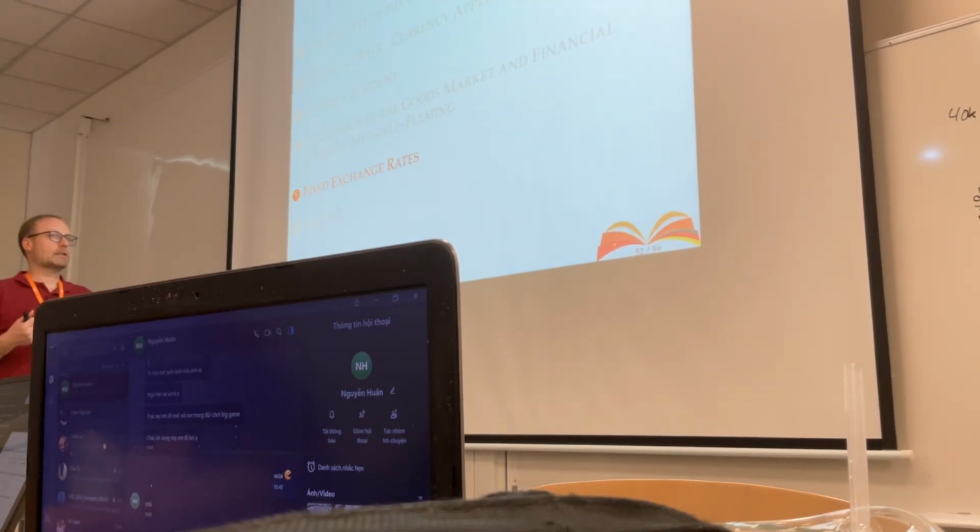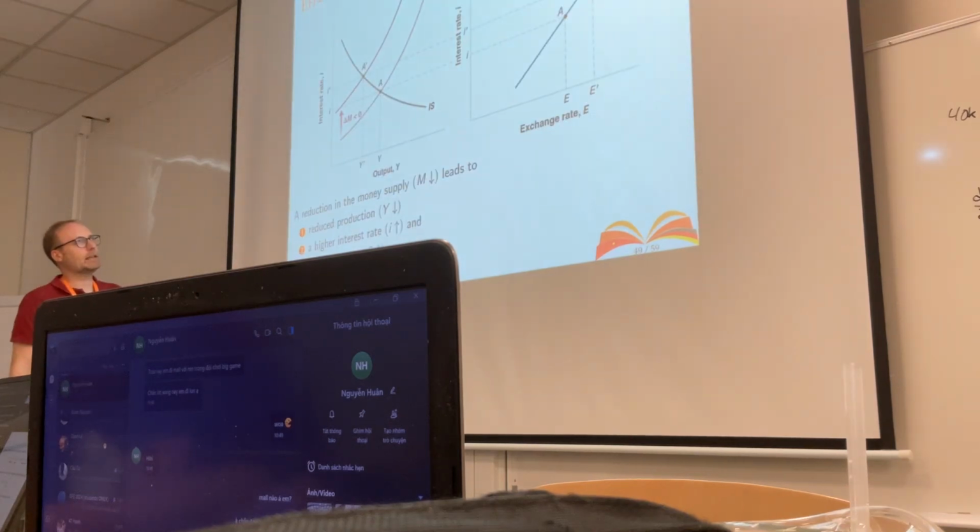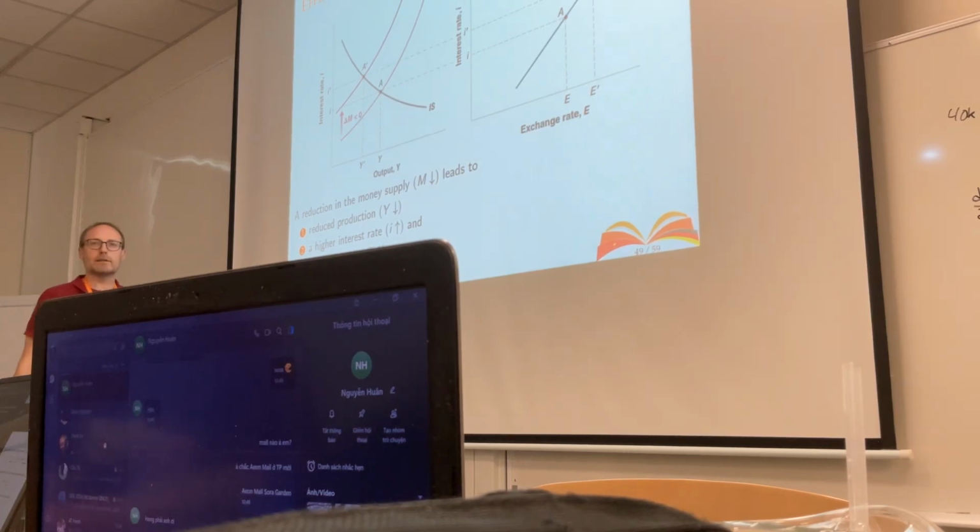So the central bank in Denmark doesn't control its nominal interest rate independently. Why not? It moves its interest rate in order to ensure that the exchange rate is always some constant.